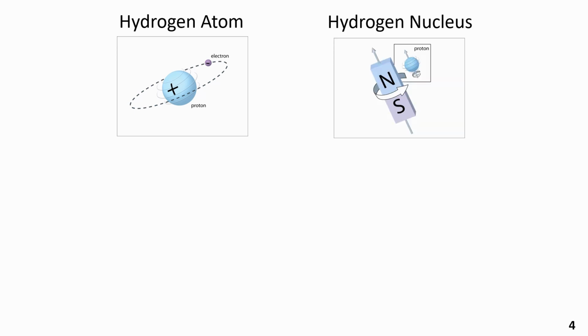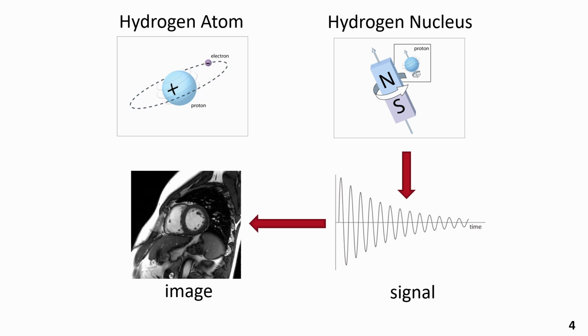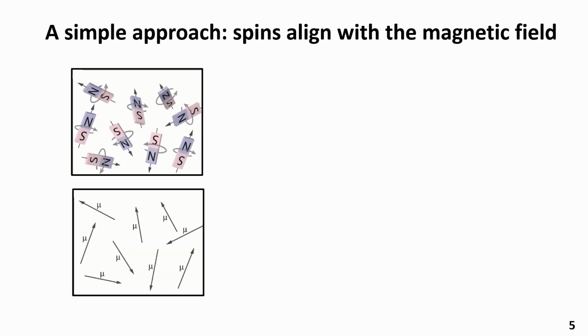This proton or spin behaves like a small magnet that spins about its axis. The spins inside our tissues are the source of the magnetic resonance signal. If we manage to encode this signal in 3-dimensional space, then we get beautiful images of the heart, such as this one. Let's first describe what happens in a very simple way.